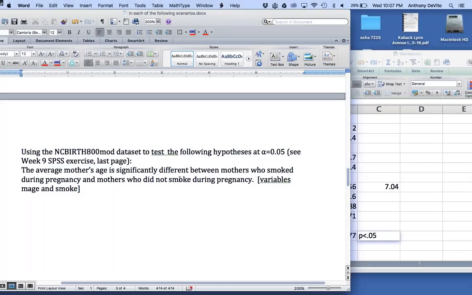It's not paired because the two groups, one group is mothers that smoked, the other group is mothers that didn't smoke. So they're not paired. They're two different groups of people, right?